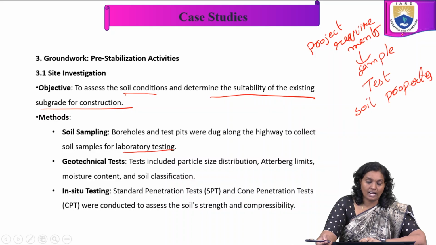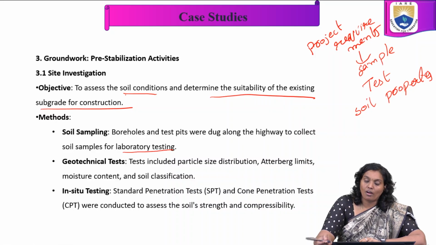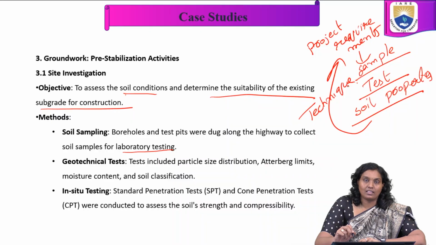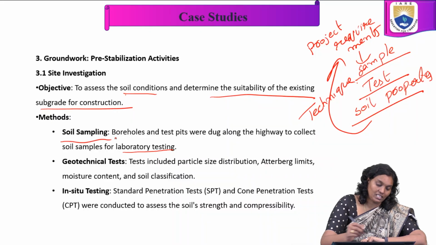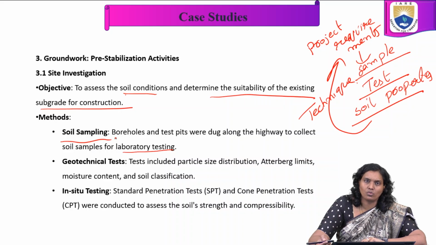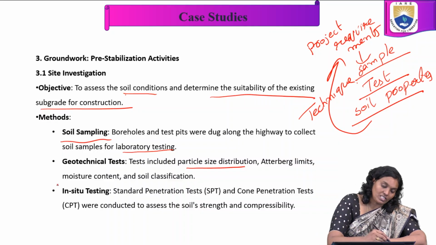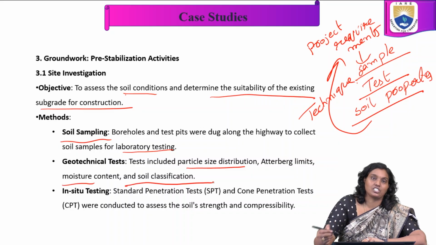Soil properties and the laboratory tests. Based on the samples we conduct the tests, and we know the soil properties. According to the requirements, we choose which technique gives the better results. For that purpose, we have done the soil sampling. Now geotechnical tests: tests including particle size distribution, Atterberg limits, moisture content and soil classification.